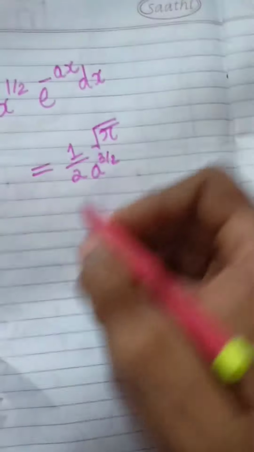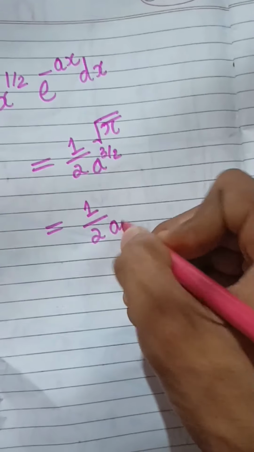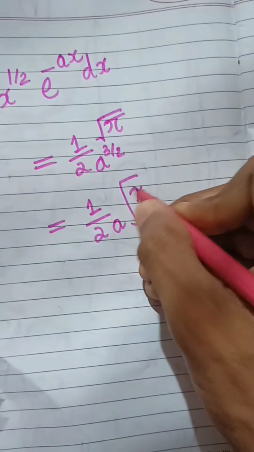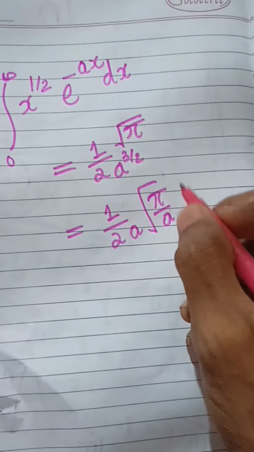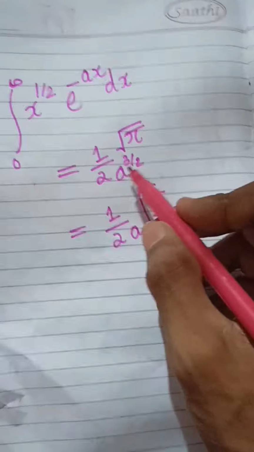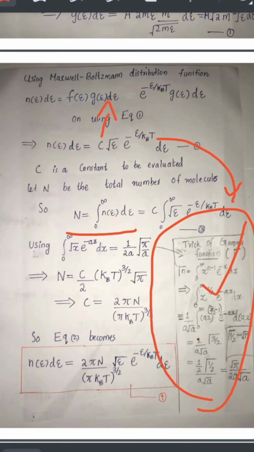We can split this as 1 over 2a root of pi by a, because root a times a, that is a to the power 1 by 2 times a, is equal to a to the power 3 by 2. So using this trick of gamma functions, we have integral 0 to infinity root x e to the power minus ax dx is equal to 1 over 2a root of pi by a.